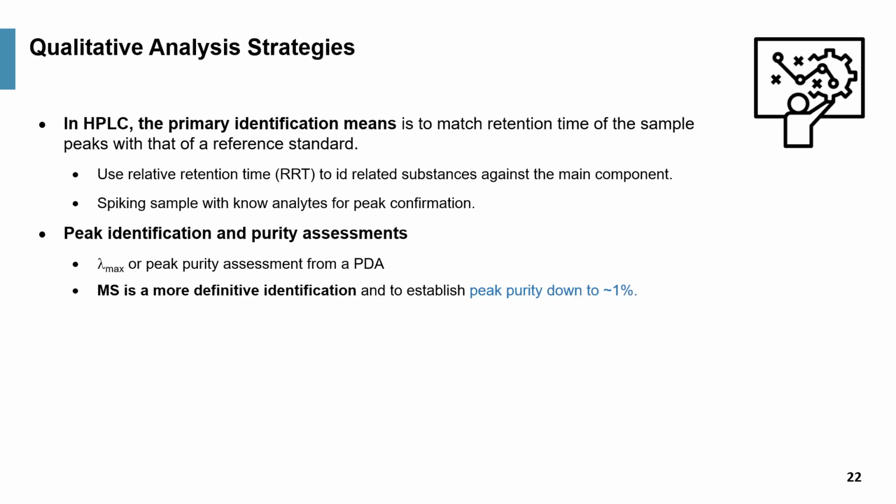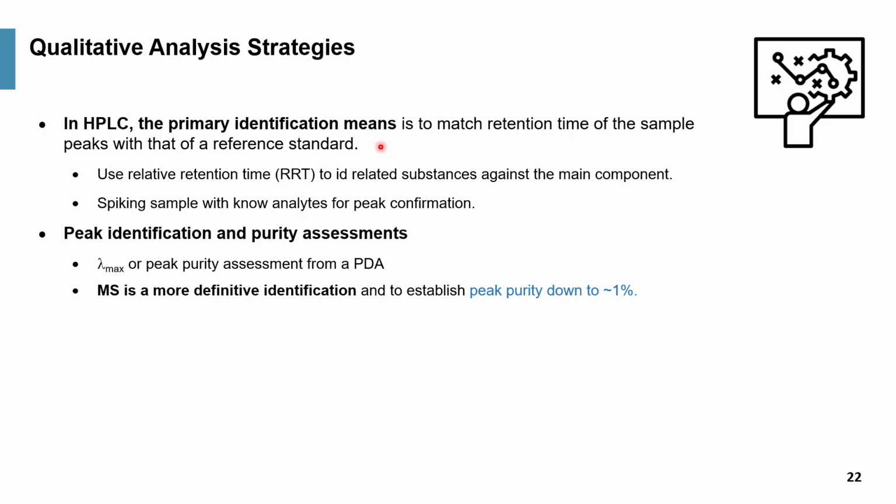A brief comment on the qualitative analysis strategy. In HPLC using a UV detector, really the only means to identify your peaks is by matching retention time, right? So you use a sample and match it to a reference standard.